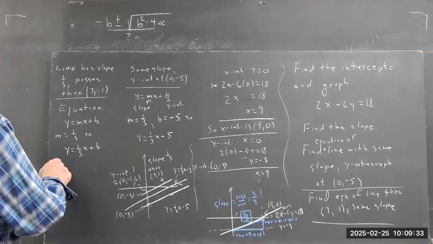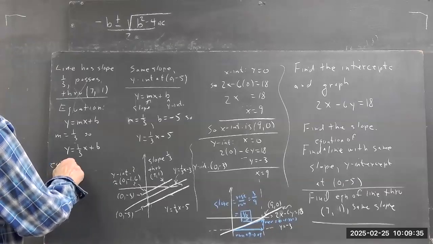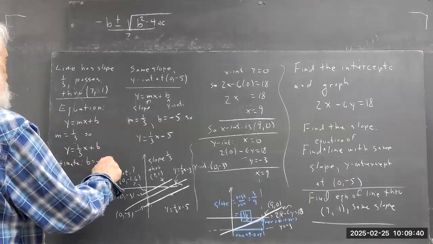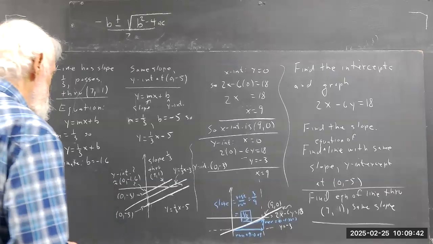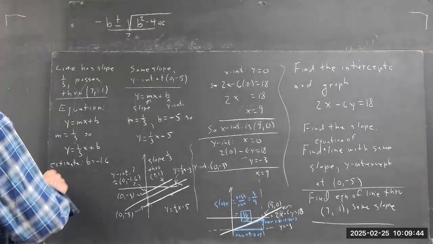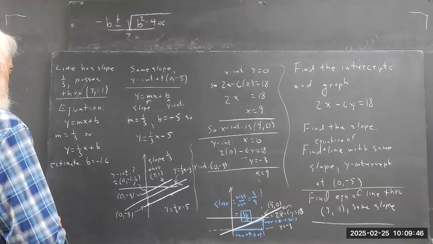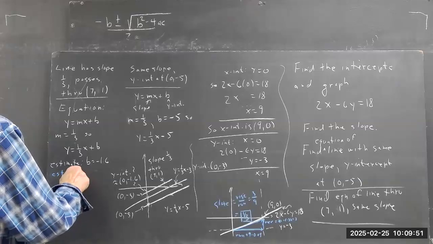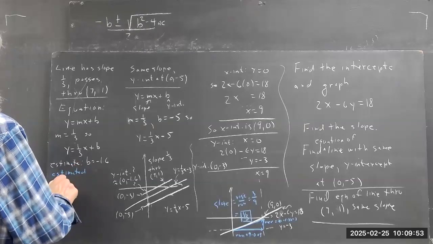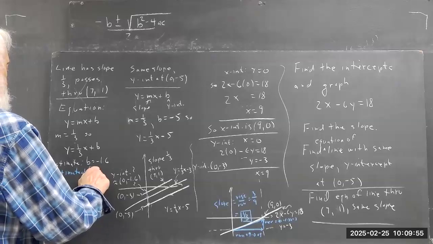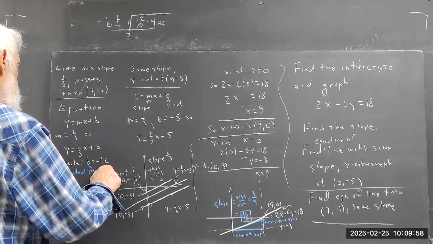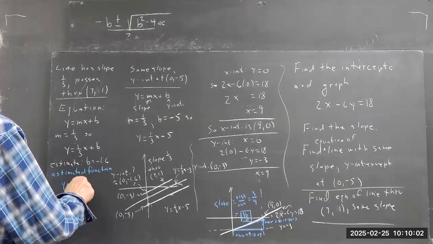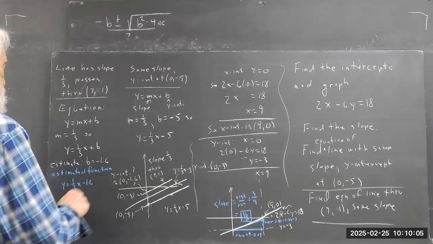Okay, so b equals negative 1.6. So our estimated function would be y equals 1/3 x minus 1.6.